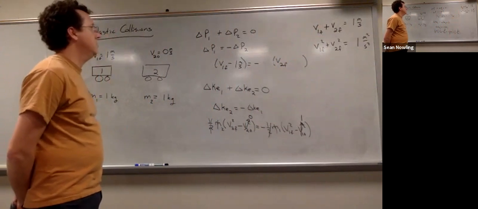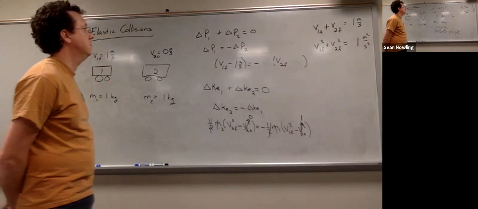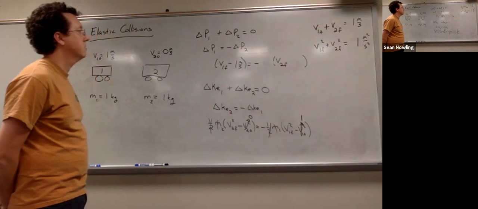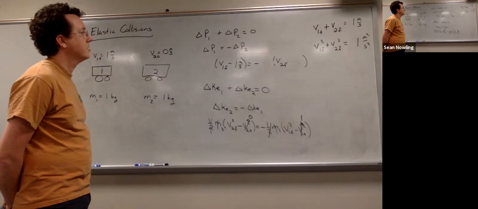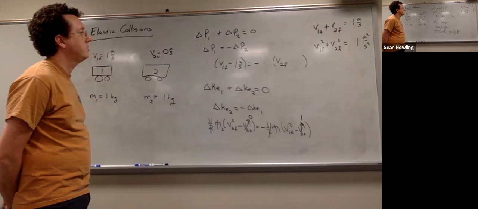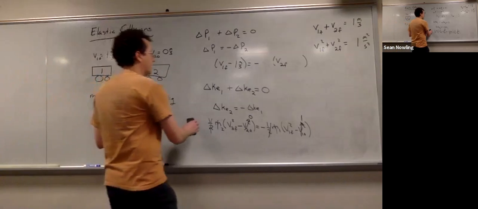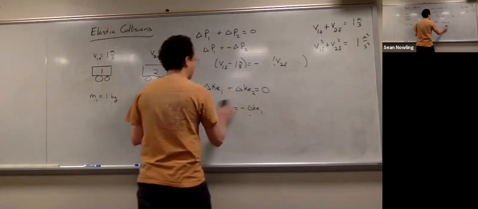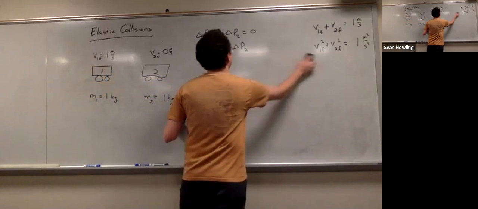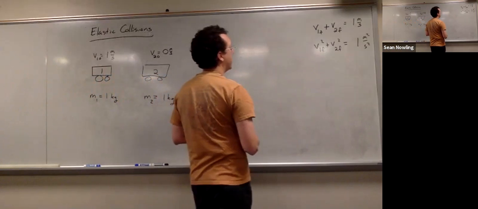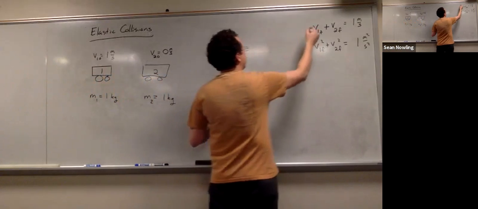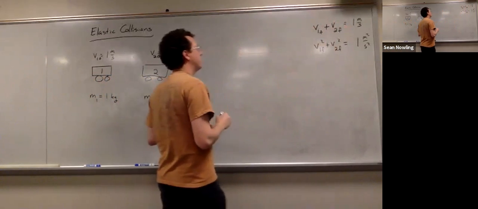Well, what can I say about that? Well, that's kind of a tricky one. If you're a little bit clever, though, you can make it work out nicely for you. Take the top equation and square both sides.